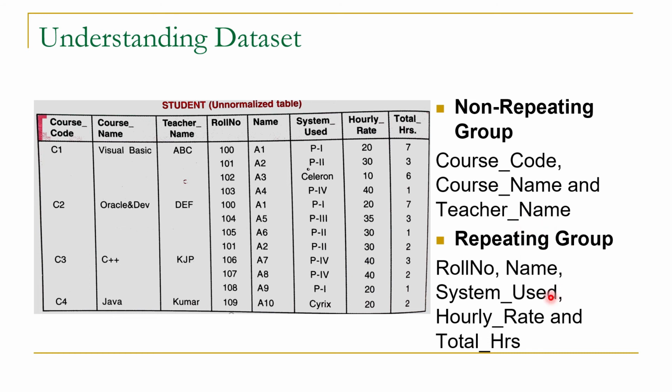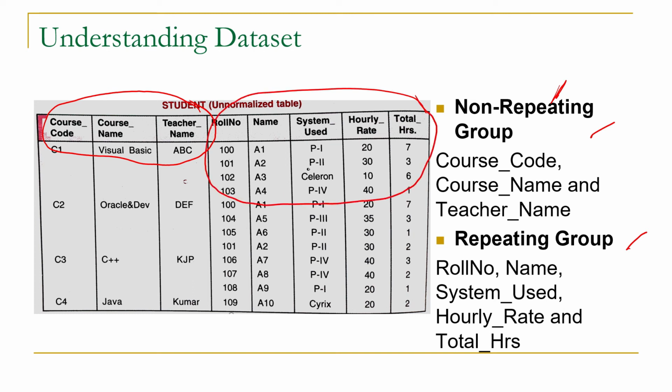We have also understood that these columns can be divided into two groups: a non-repeating group and a repeating group. The columns course code, course name and teacher name are the non-repeating group, while the columns roll number, name, system used and total hour are the repeating group, because their values repeat for a given value of course code, course name and teacher name.